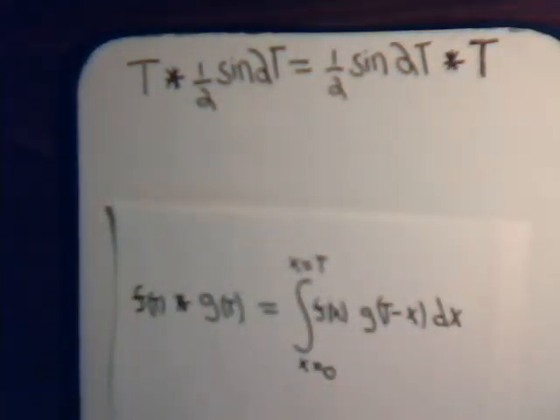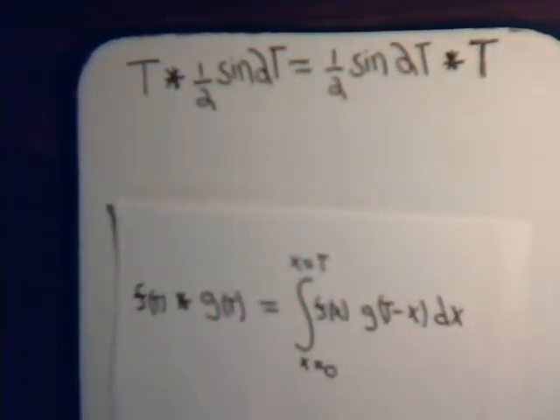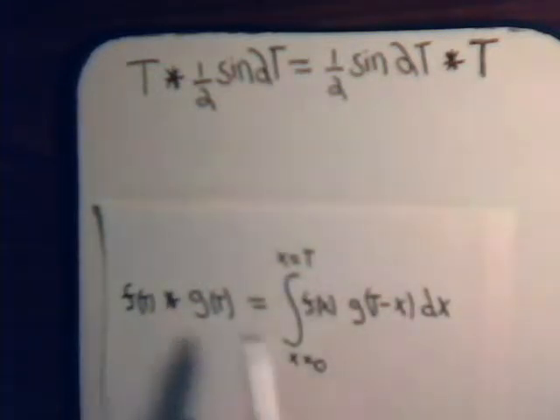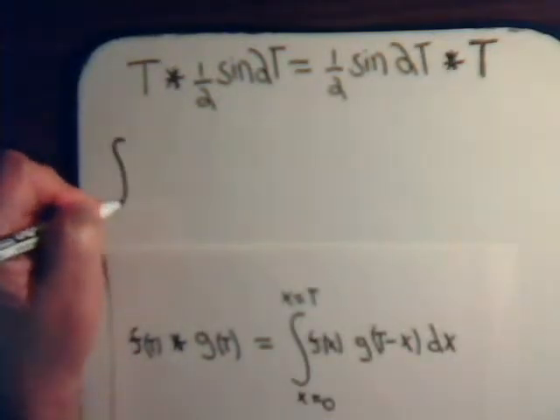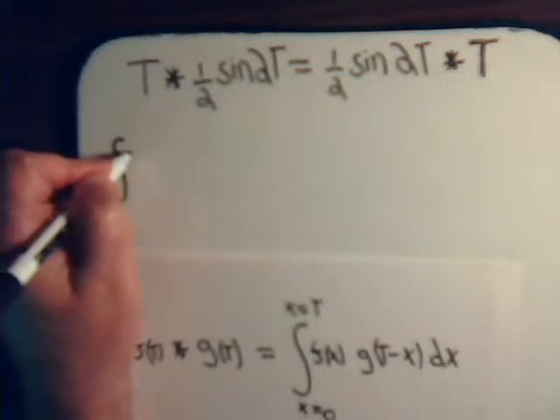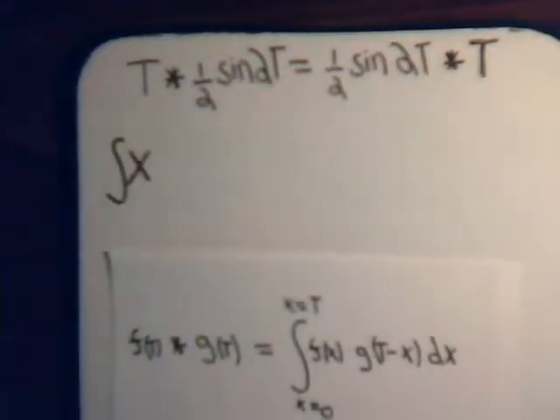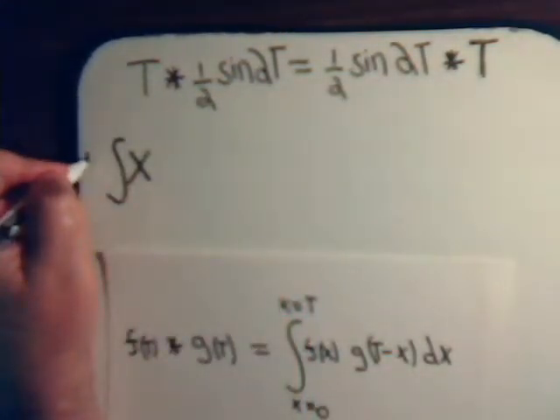So let's go ahead and write each of these in terms of its respective integral, just kind of blindly following our formula here. f of t inside the integral becomes f of x. What is f of t? It's just simply t. So inside the integral is just going to be x. And then here we can take the 1/2 to the outside.